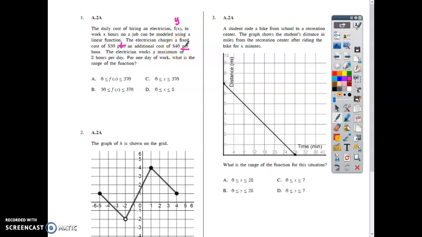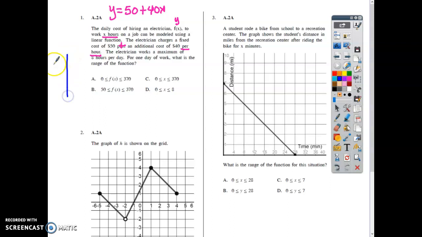So $40 is going to have the x because x is the number of hours. Okay? So the equation really is y equals 50 plus 40x. Okay, once you have that equation, you can put that in Desmos and look at the table.